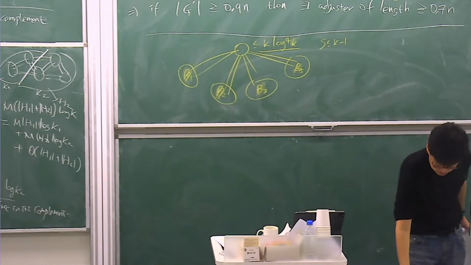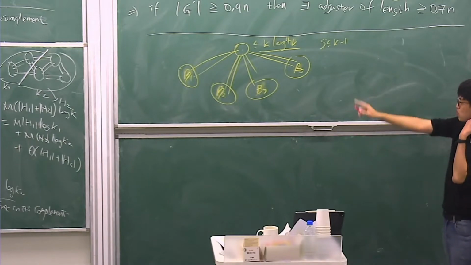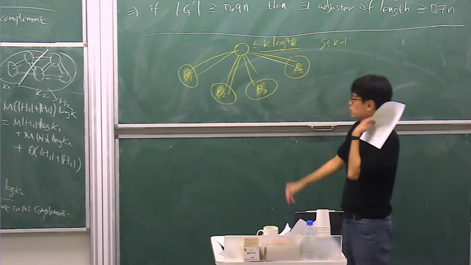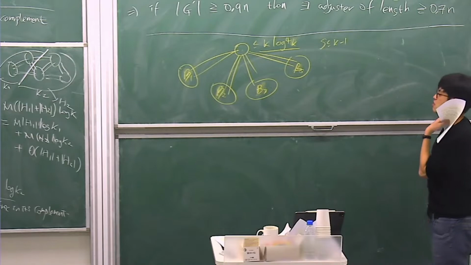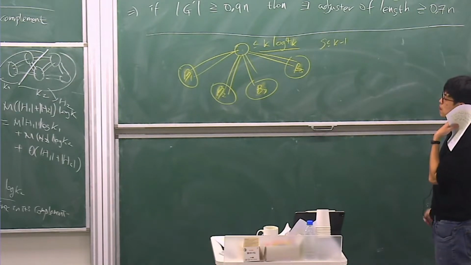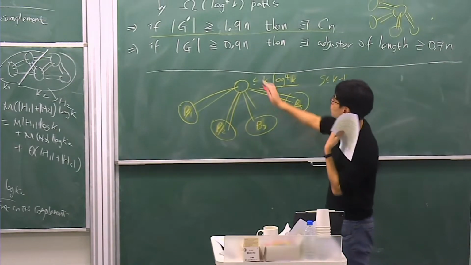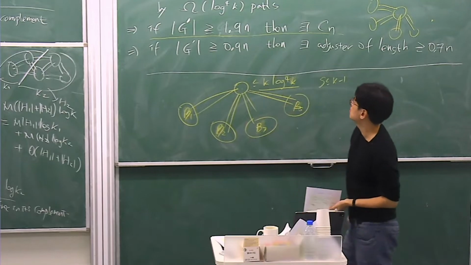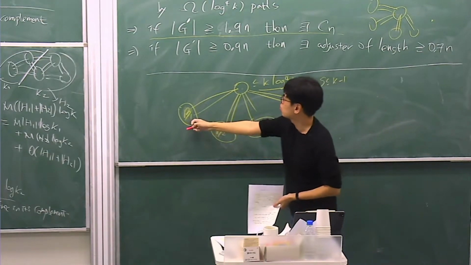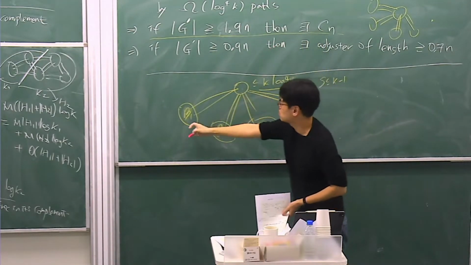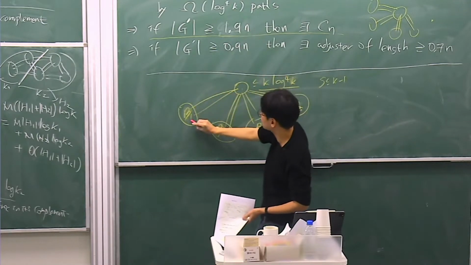So this is a graph G, you can decompose it this way. And what we know is that if one of them is bigger than 1.9n, then we are kind of done, because this satisfies, you cannot do this anymore.